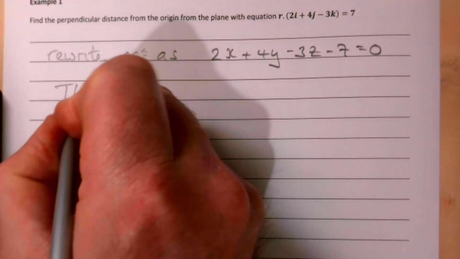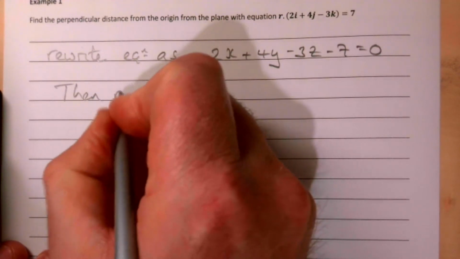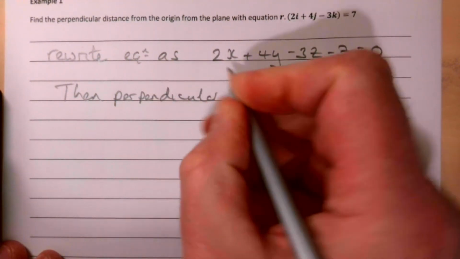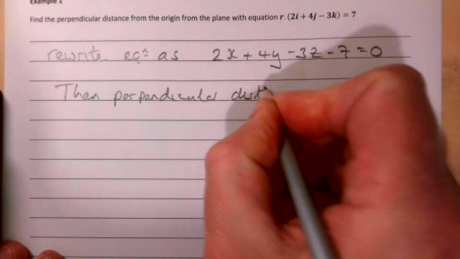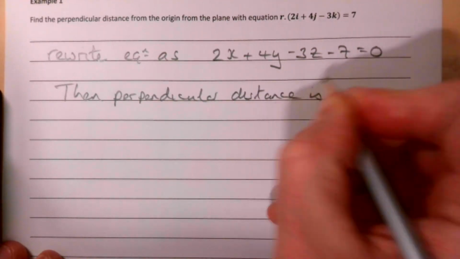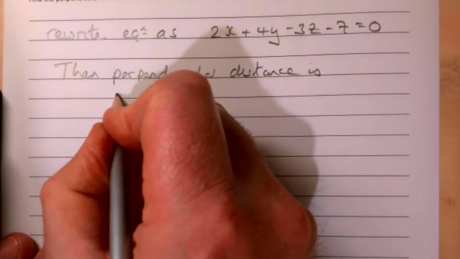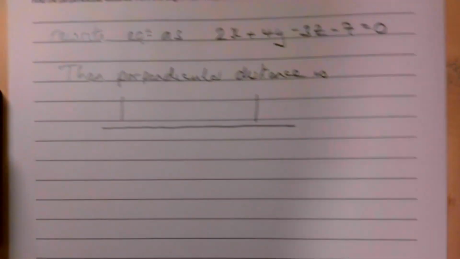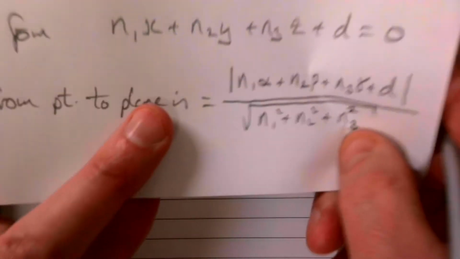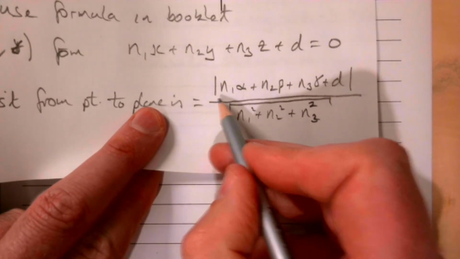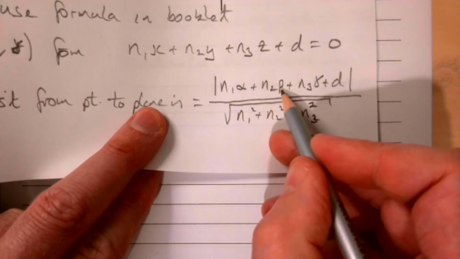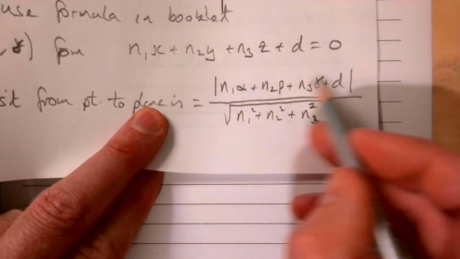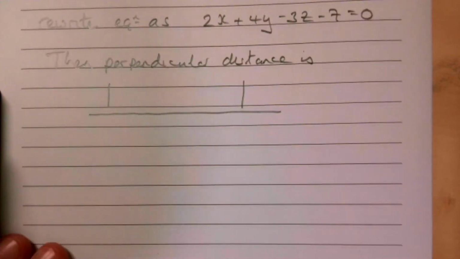Then the perpendicular distance is your big formula: n1 alpha plus n2 beta and so on. Now remember alpha, beta and gamma is the origin, so that's 0 and 0 and 0, and that then is just going to be minus 7.